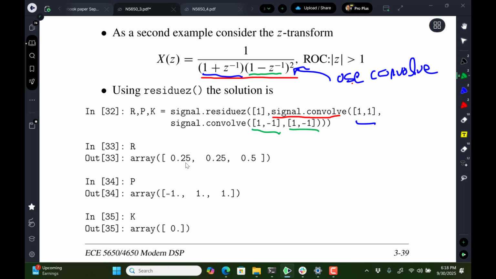I've got 1/4. That goes with the pole that's at -1. And then in terms of the repeated poles, C1 is what this would be. C1 was 1/4, and that corresponds to a pole at 1 of the first degree.